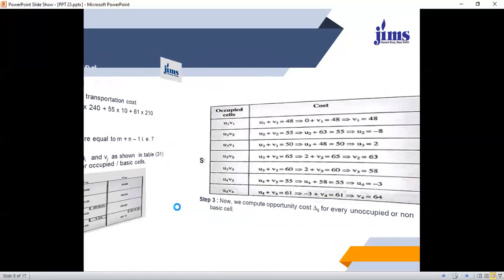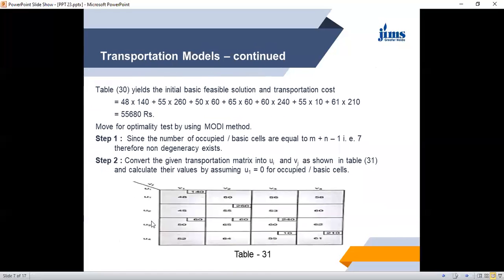So you got the value of U1, V1 and U3. Since you know the value of U3, you can find the value of V2. How?